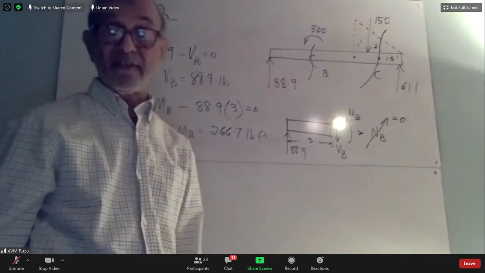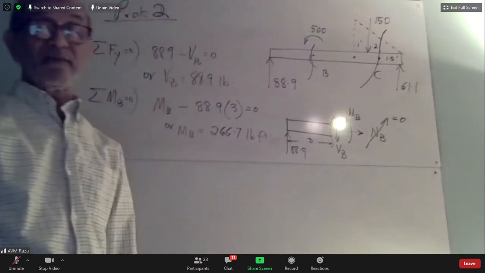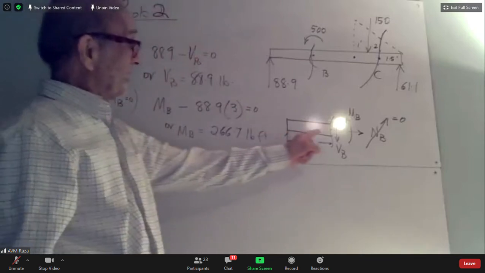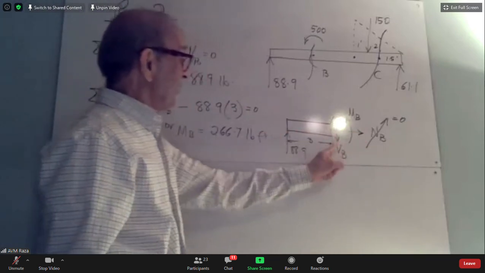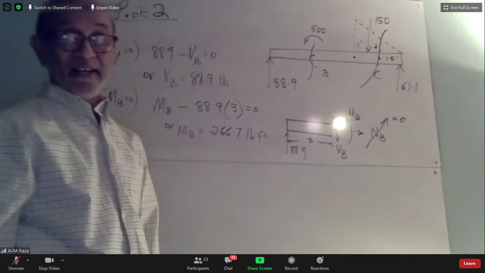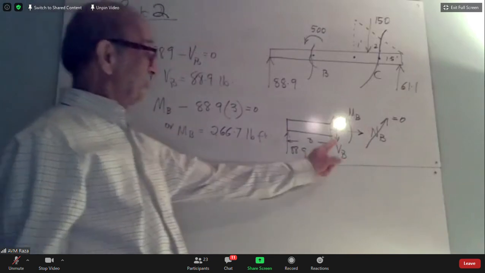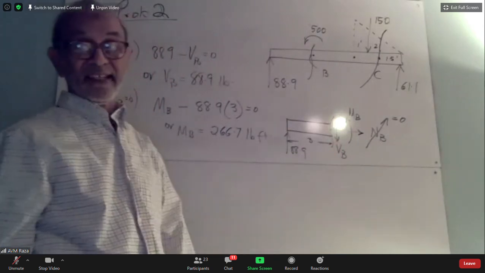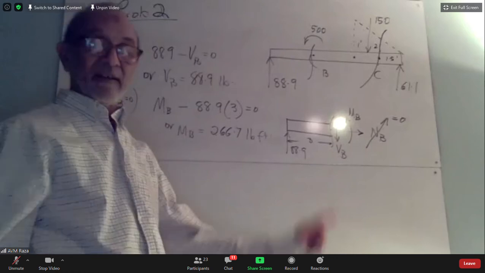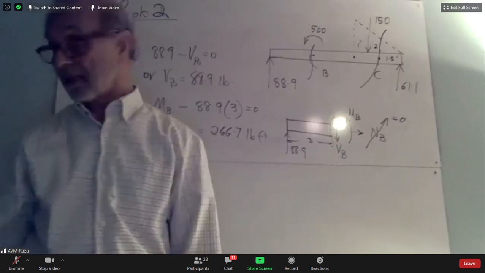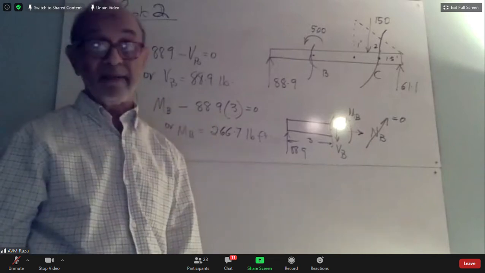That was the sign convention for equations of equilibrium. But for the internal forces, N, V, and M, the sign convention is different. And according to that sign convention, this VB is also positive. Do you remember that? Well, I don't want to say any more. I may talk about it later, tomorrow or something, because I'm running a little short of time.